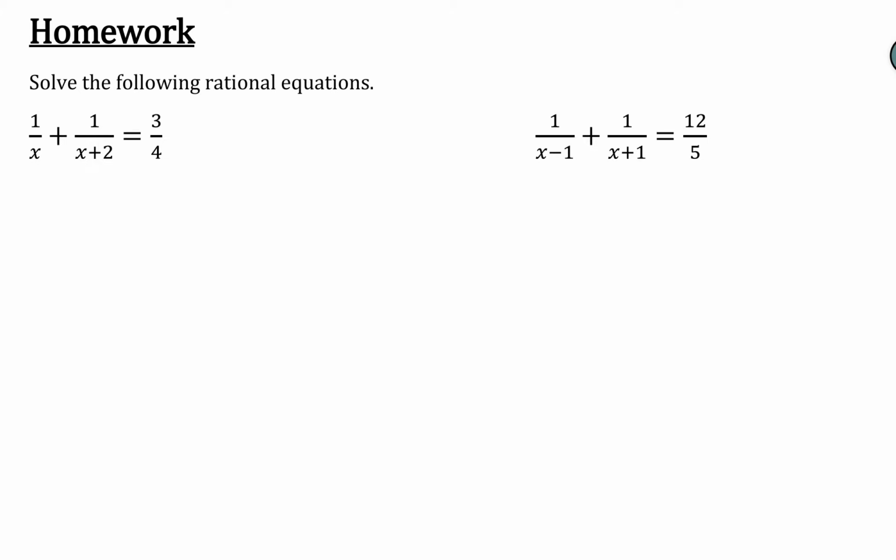The common denominator here is going to be 4x times x plus 2. So for that first fraction, I have to multiply both 4 and the x plus 2. So I have 1 times 4 times x plus 2, all over this, which is really 4x squared plus 8x.